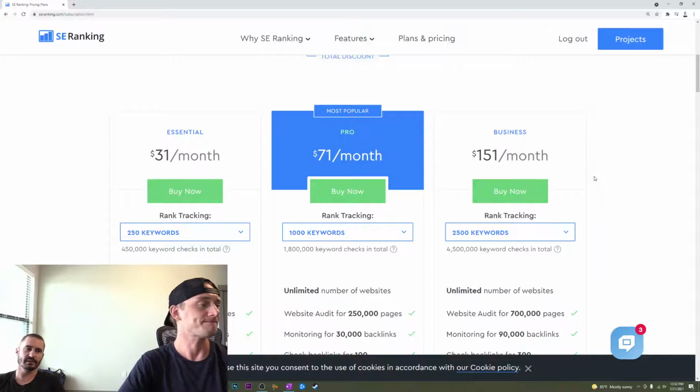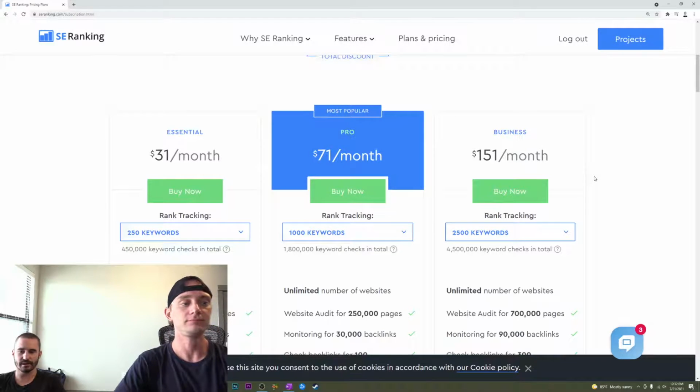So SE Ranking, I'd say we primarily use for very targeted keyword tracking, but of course we use Ahrefs as well, right? And even Majestic, I've got info in there, but I rarely check it. Ahrefs is more of a general tracker where you can see where you might be ranking and get ideas for where you might be popping up.